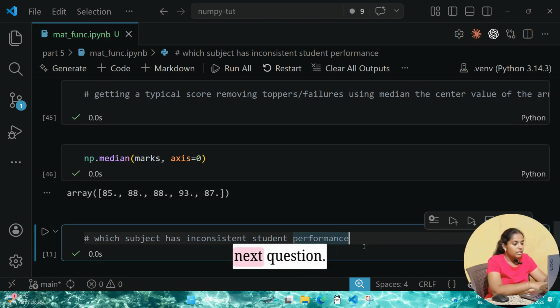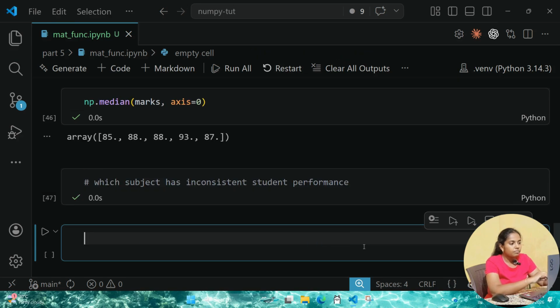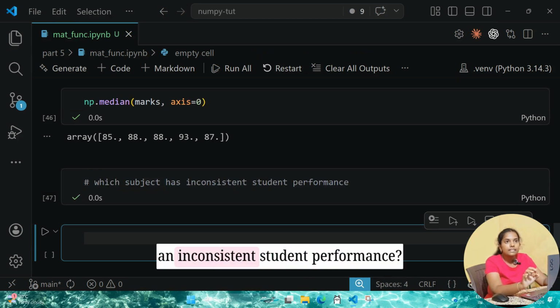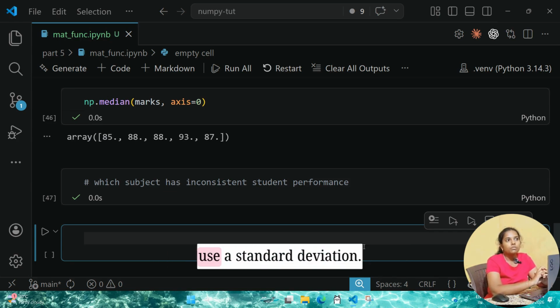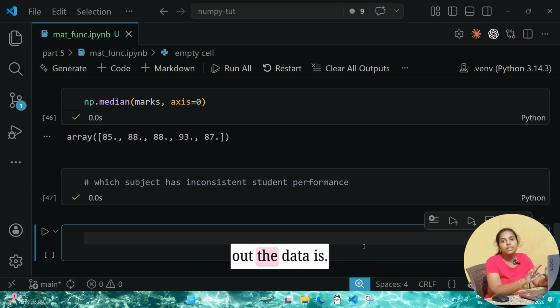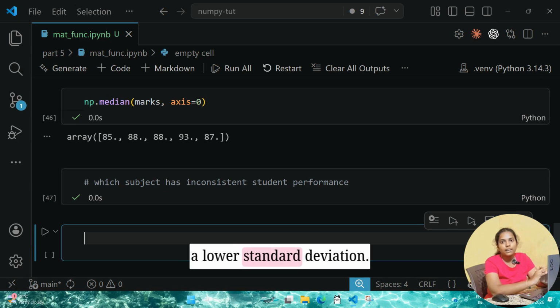So next question, which subject has an inconsistent student performance? This is a very important question, a difficult one. For that, we are going to use a standard deviation. Standard deviation means how spread out the data is. For example, if the marks are all near 80, that is a lower standard deviation.